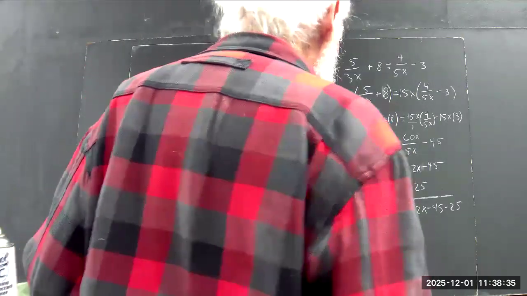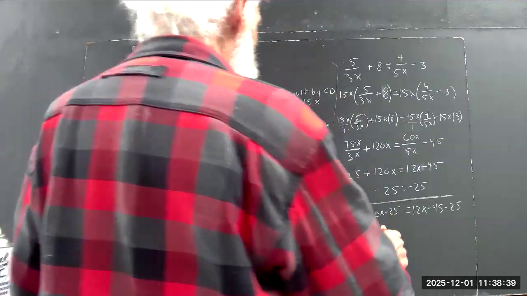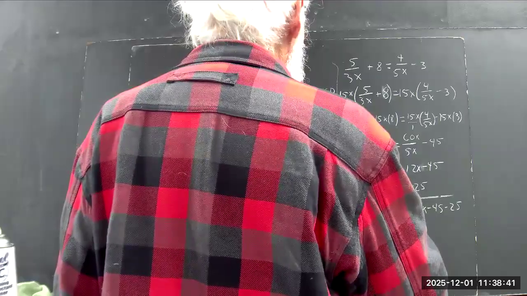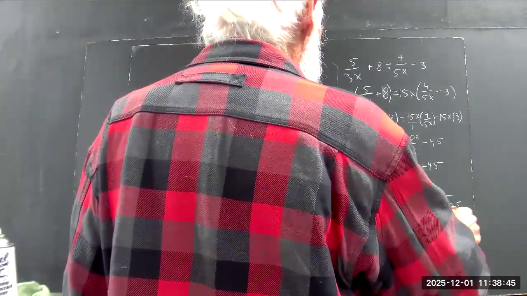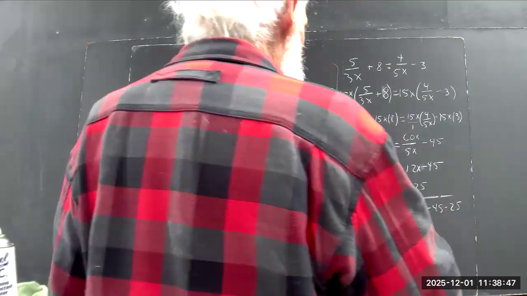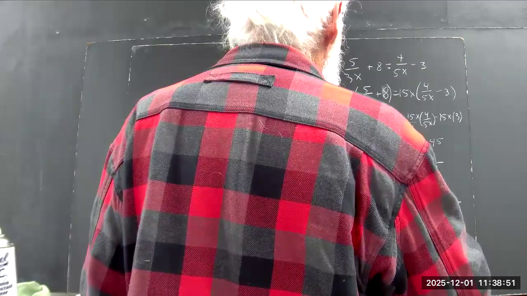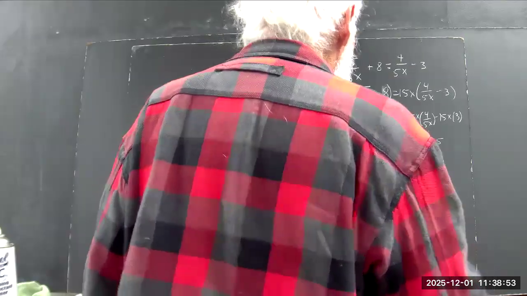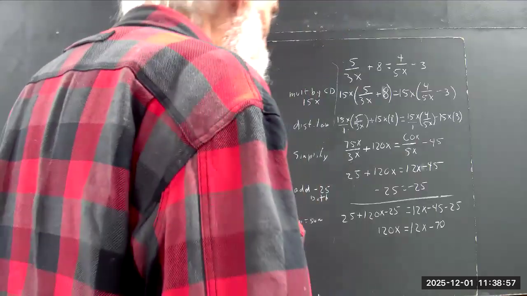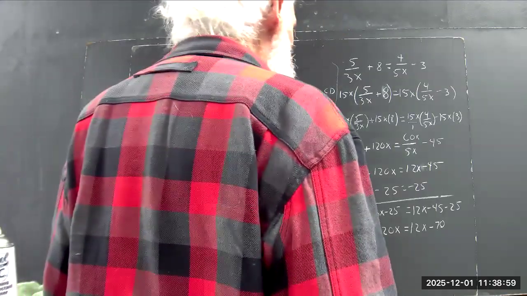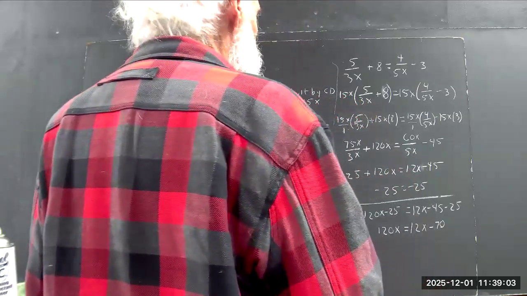We can now see clearly that the negative 25 is going to be subtracted from the 25, leaving us 120x. And the negative 45 and negative 25 will be combined. That's negative 12x minus 70. It's not negative 12x, it's 12x minus 70.